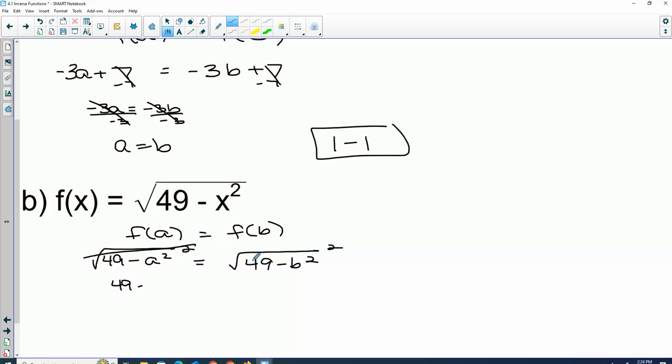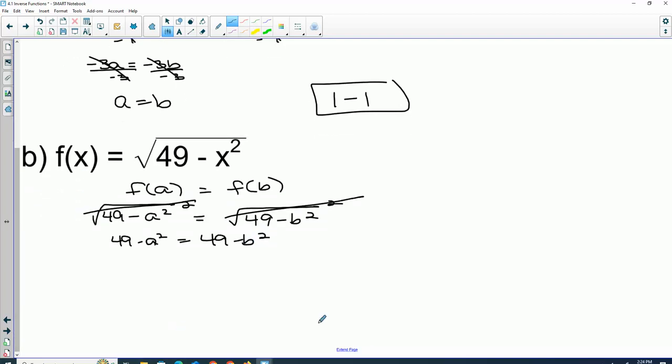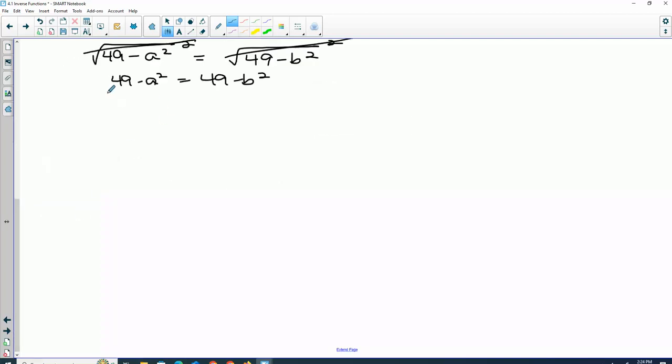Square and the square root cancel each other. Then what do we do? So I have negative a squared equals negative b squared. Divide by -1, so a squared equals b squared.